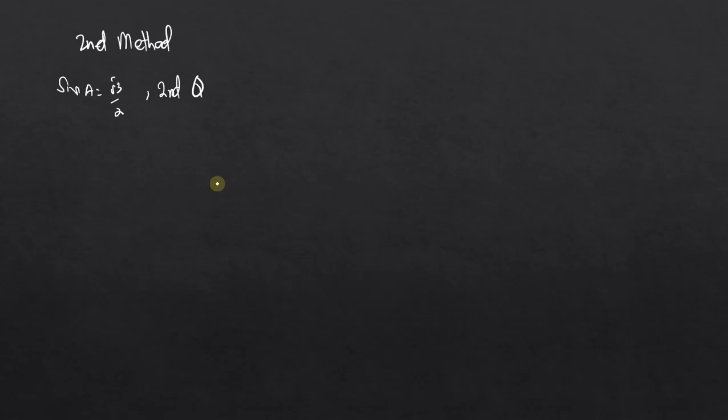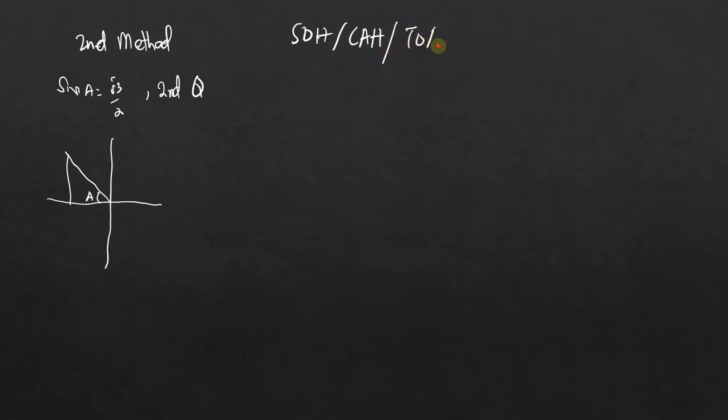So what you can do is actually sketch this out. If you sketch the angle, the angle is here, A, right? And we know that sine is opposite over hypotenuse. So the opposite is square root of 3, and the opposite here is this side, square root of 3, and the hypotenuse is 2, right? Now we need to find the adjacent, right?